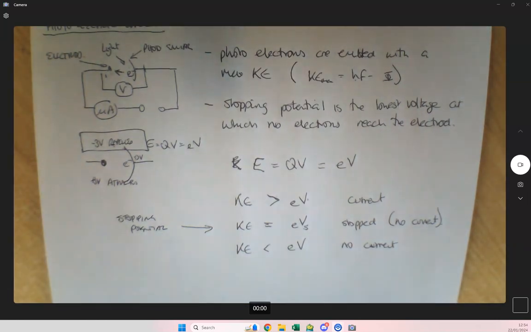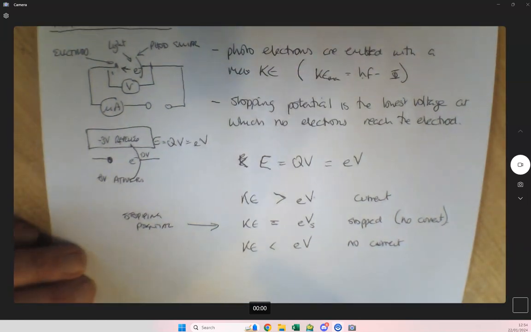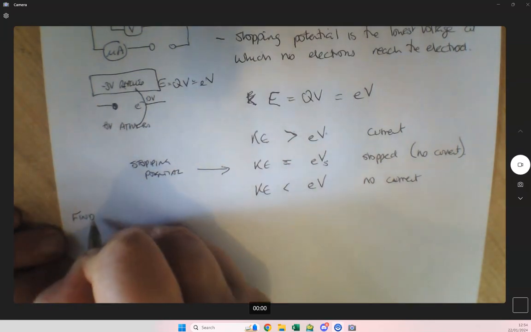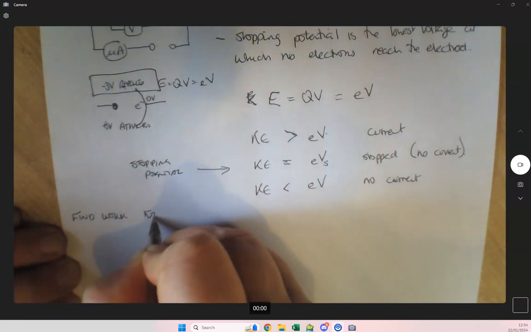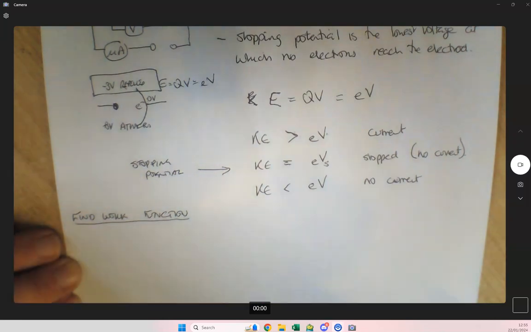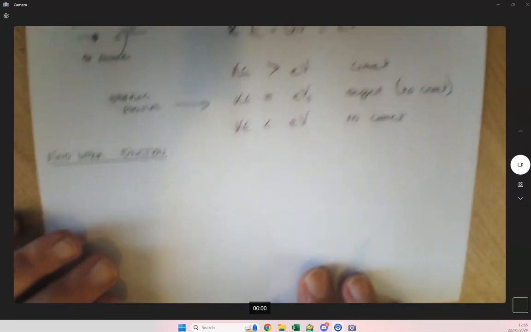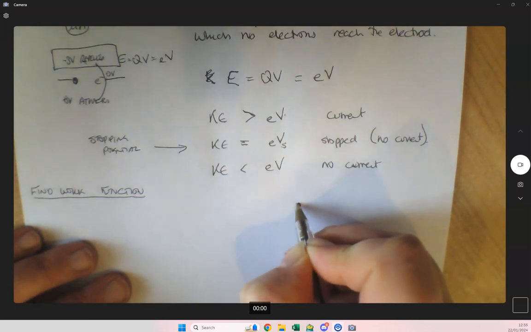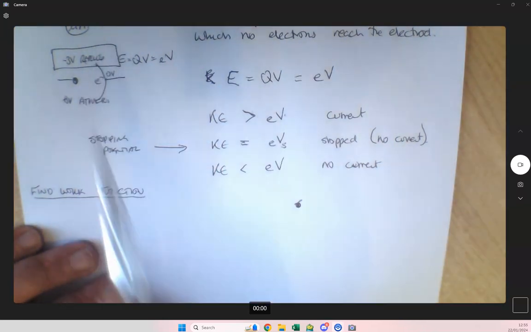Now, why would we ever bother doing this? Well, one scenario is if we wanted to find the work function. Now, if you could imagine, somehow we have to figure out what the work function is of a material. And let's make sure we've still got this here. So I'm just going to draw a brief diagram of the circuit. Actually, you can still see the circuit up there, so it's fine.